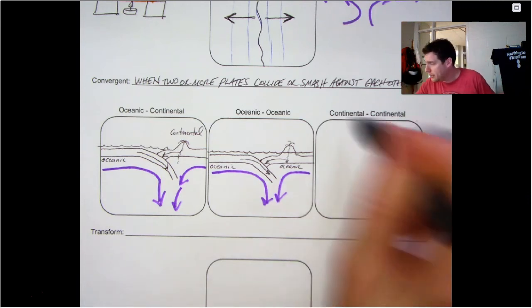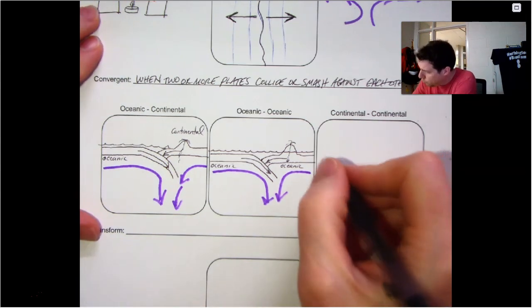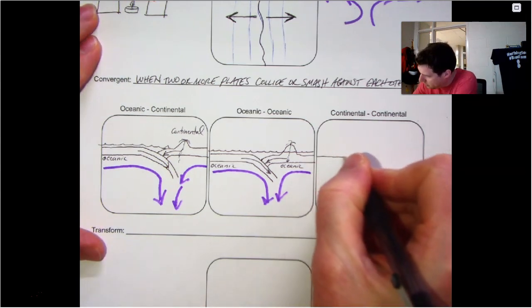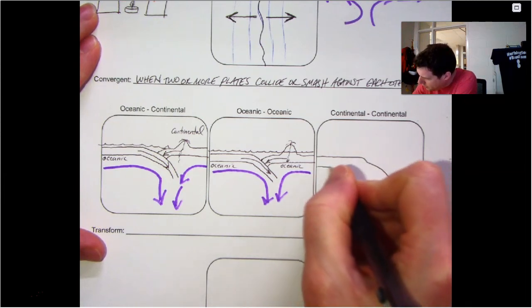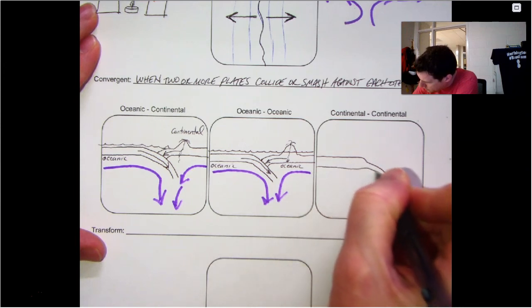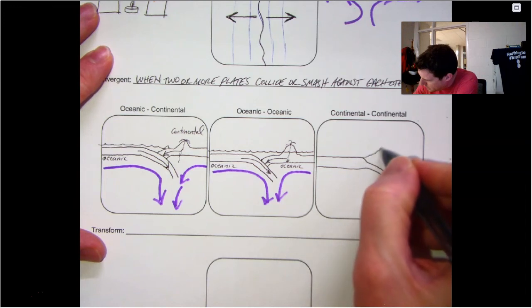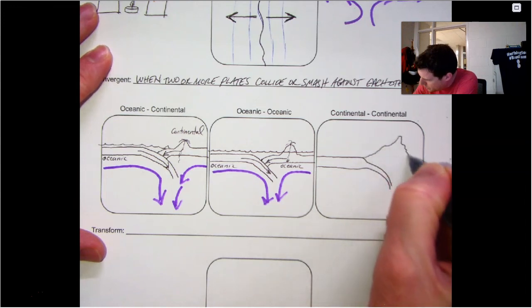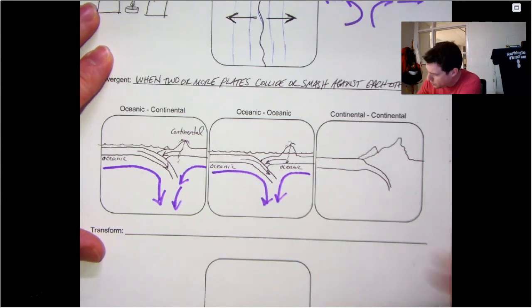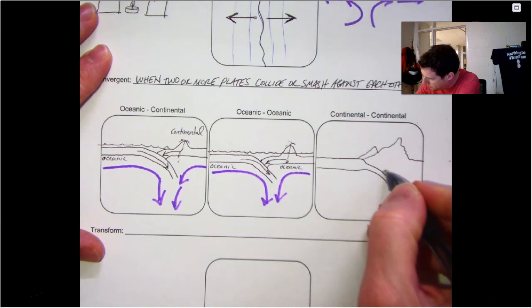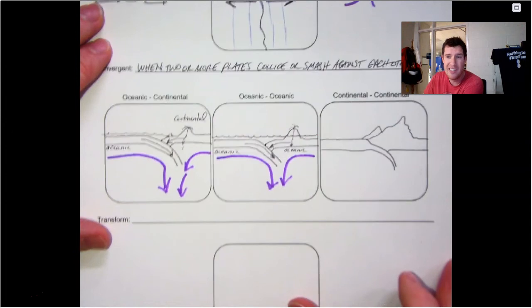What happens when you have continental and continental smashing into each other? Well, what you end up having is continental crust smashing up against continental crust, and while you can get some subduction, some of that energy will go into subduction here.